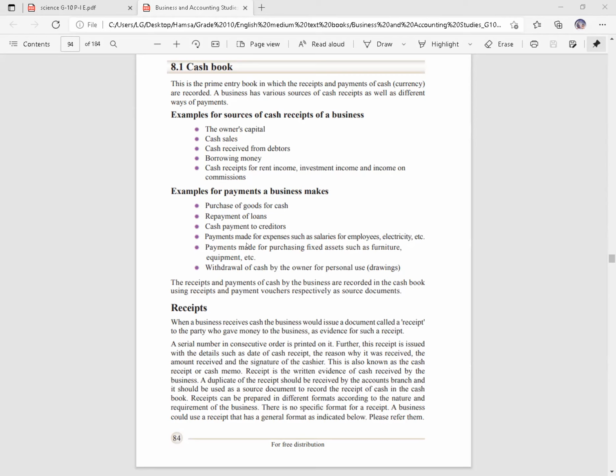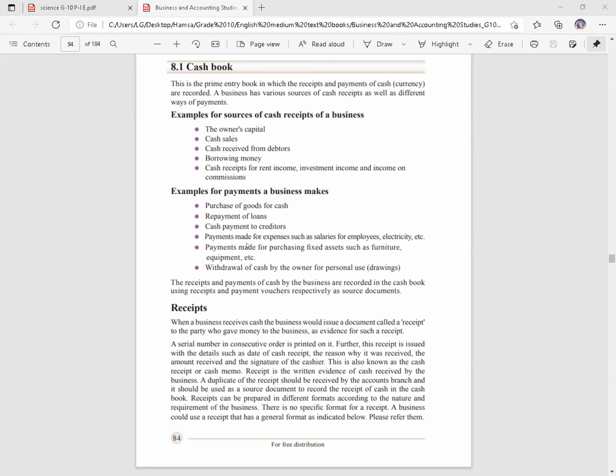Next one, repayment of bank loans or loans. Whatever loans are obtained by the business have to be repaid. If the repayment is done by cash, that is one of the payments of a business, right? And the other one, cash payment to creditors.